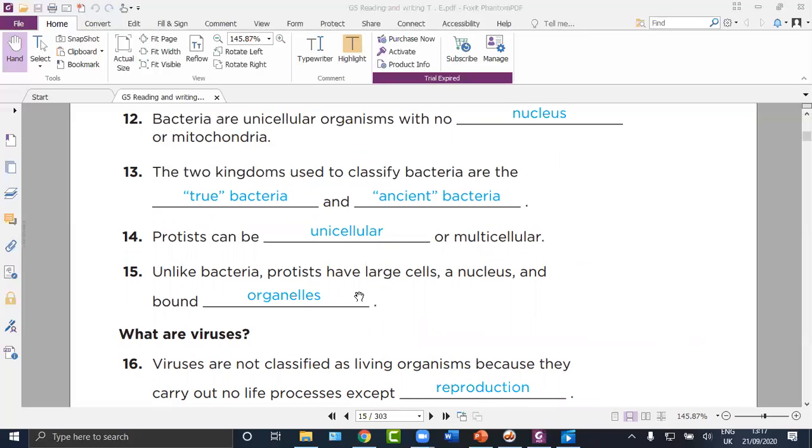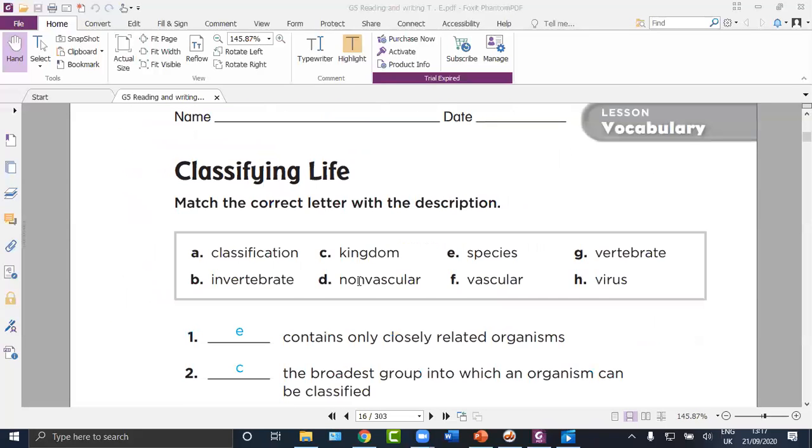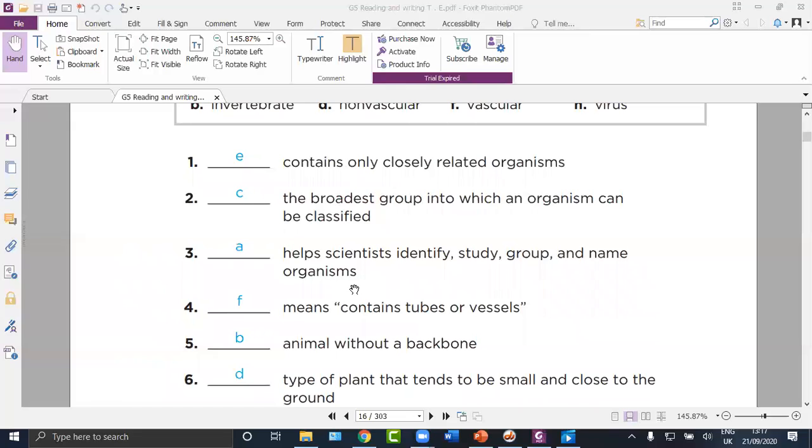Have you finished now? Number 17. Now page 9. Page 9, transfer the answers.